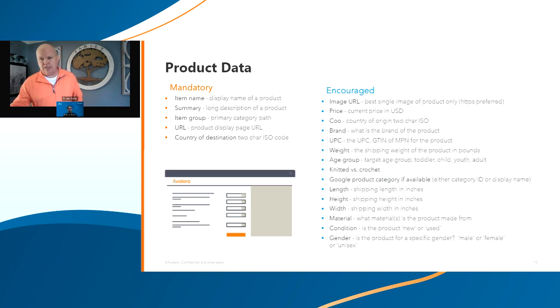So look at some of these details that our customers provide us to ultimately get to that specific 10-digit code. And I'm going to pull a few of them out of here. How is the product made? Knitted or crocheted? What is the material of that product? Believe it or not, is it new or is it used? That could ultimately change that code. And you see the bottom one, gender matters.